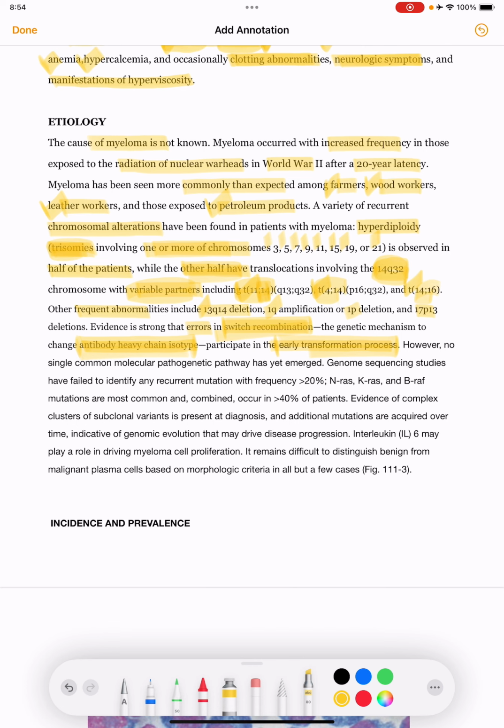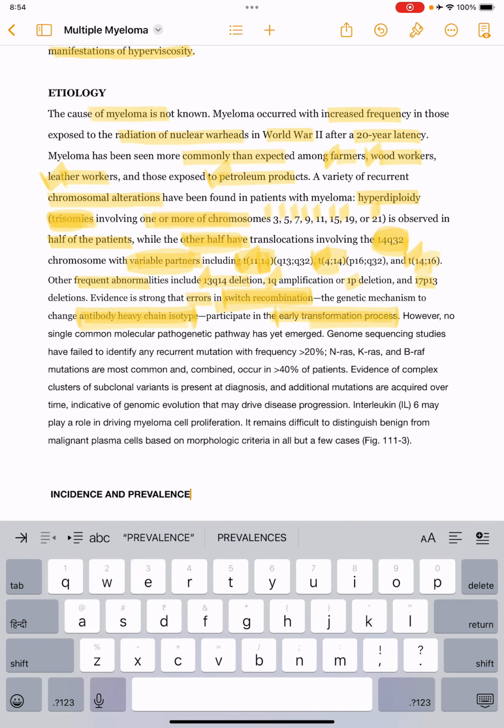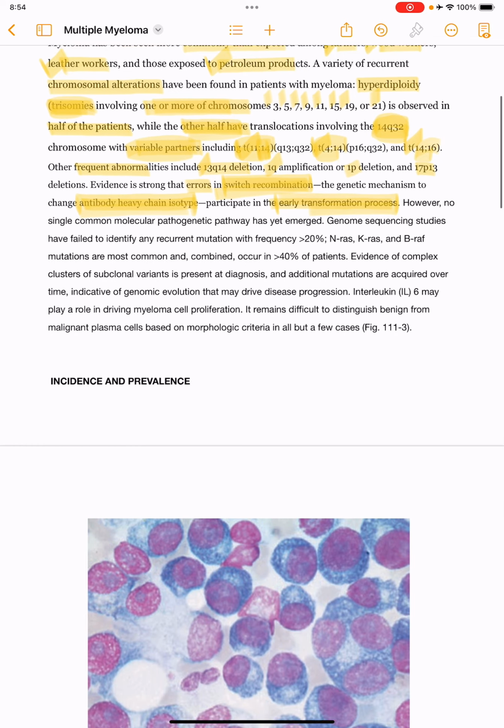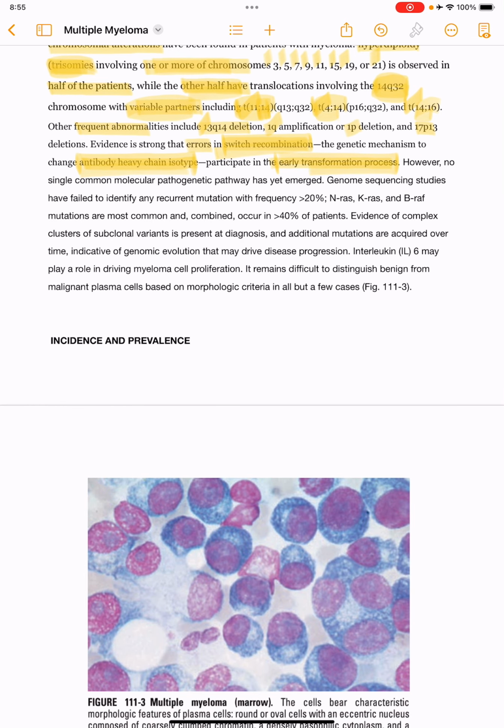However, no single common molecular pathogenetic pathway has yet emerged, and genome sequencing studies have failed to identify any recurrent mutation with frequency greater than 20%.